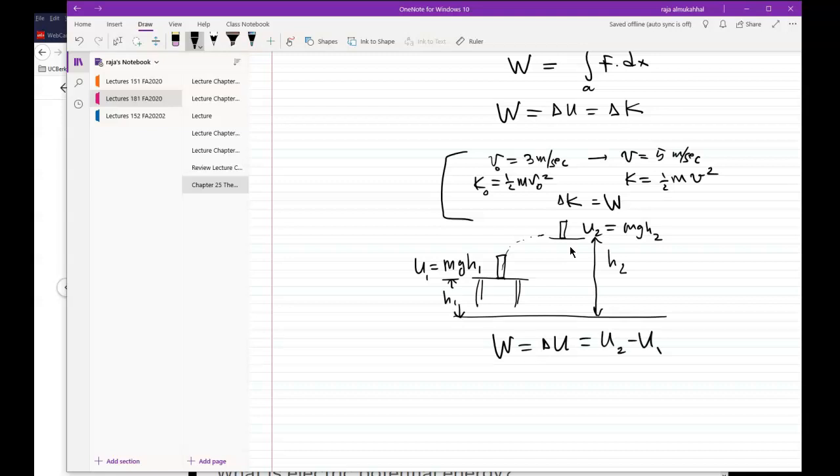So here we have two formulas that calculate work. One is delta K, the difference in kinetic energy like I showed you in the bicycle example, or work is equal to delta U, and of course the one that we are familiar with is F x, or the integral. Okay? All right.